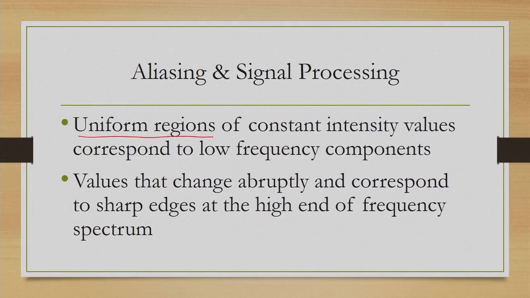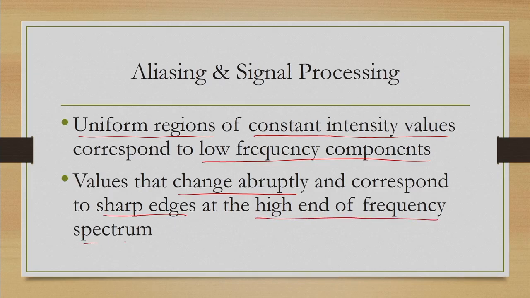Uniform regions with constant intensity values may be viewed as corresponding to low frequency components, whereas there are values that change abruptly, and these correspond to sharp edges at the high end of the frequency spectrum. In other words, wherever there are abrupt changes in values, we can think of those regions as representing the high frequency components.